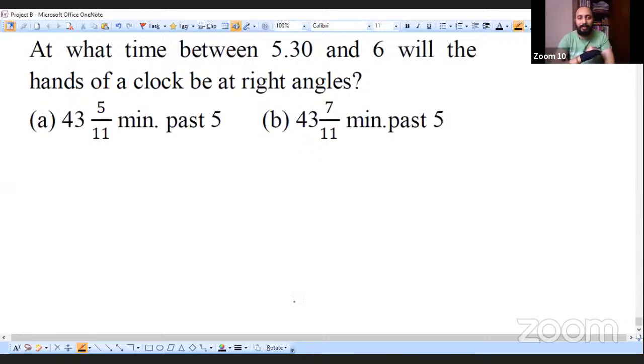What is the answer? Very close answers I have given there.